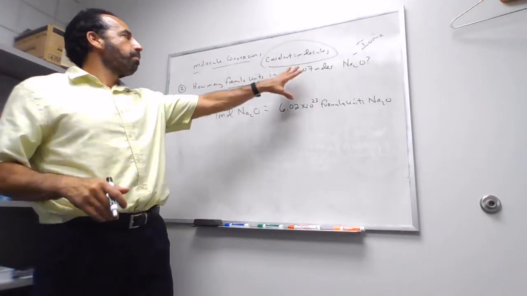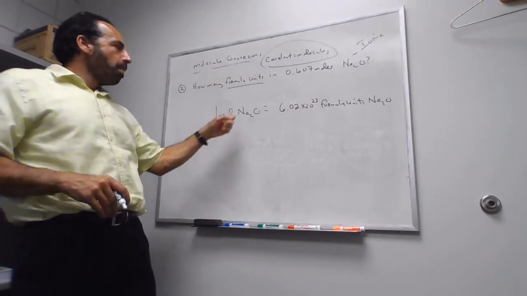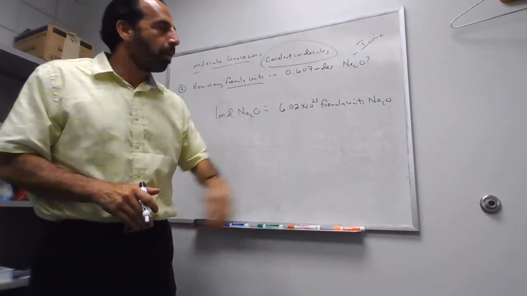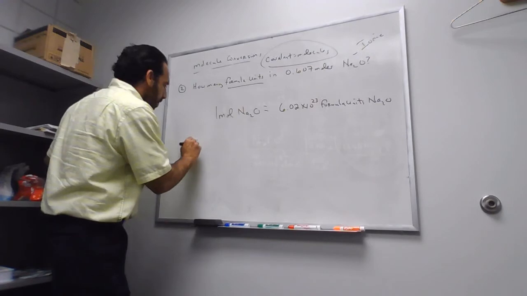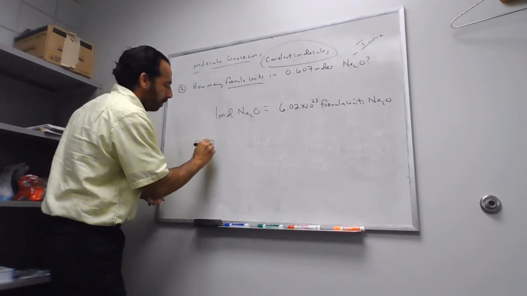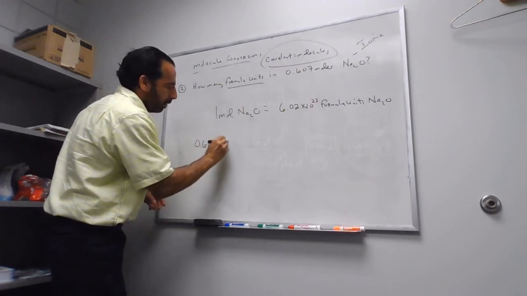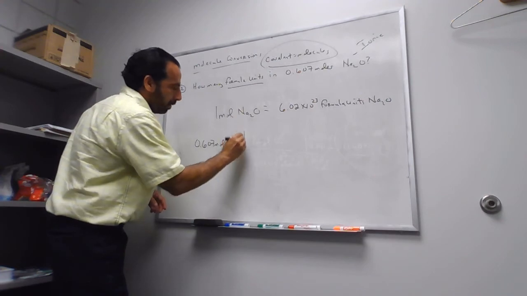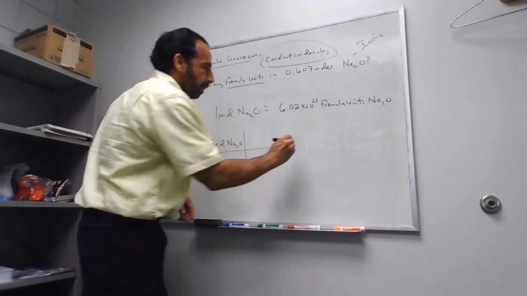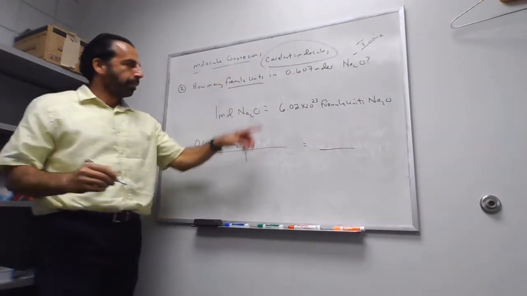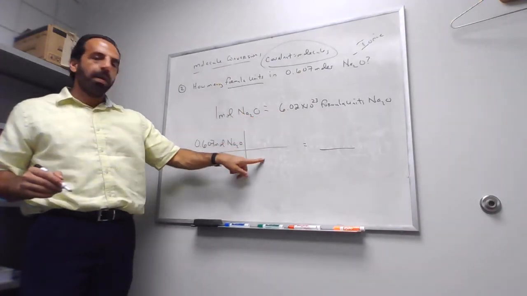So we want to go from moles to formula units. 1 mole, always Avogadro's number. We write down what's given. Formula units on top, moles on the bottom.